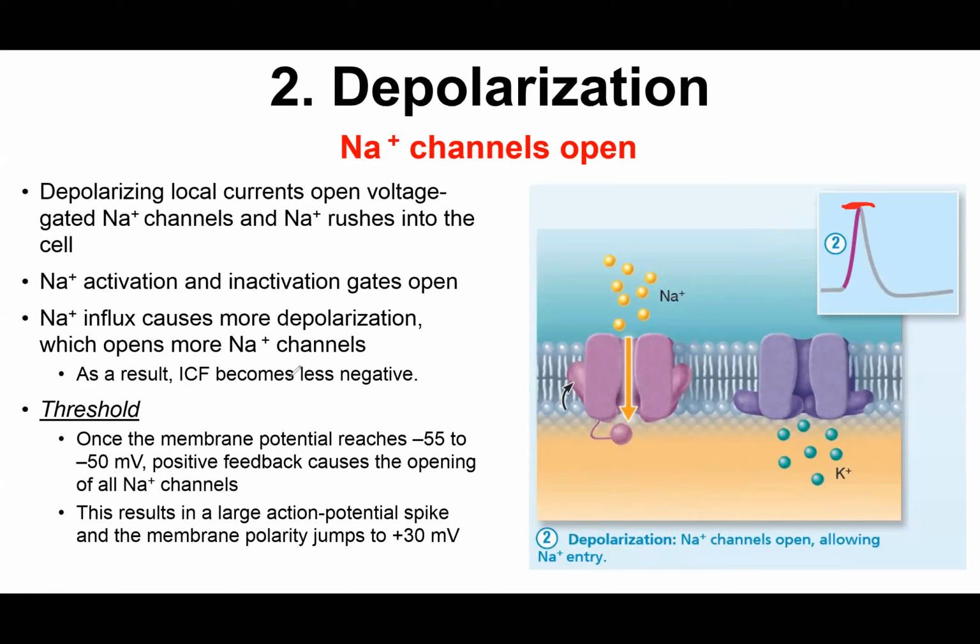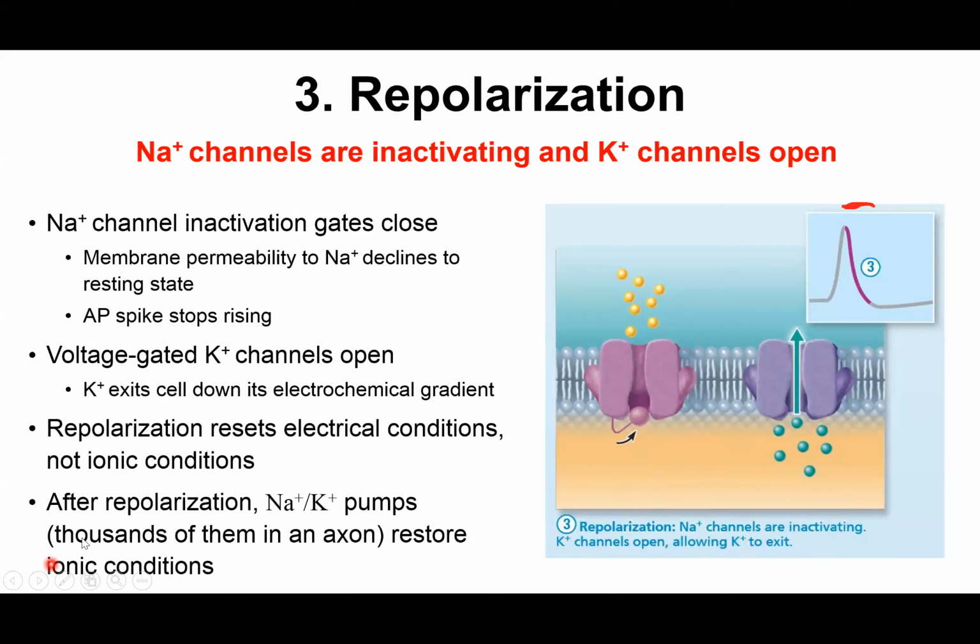What happens next is what's called repolarization, okay? In repolarization, the sodium channels are inactivating, and this is when the potassium channels are going to open. During repolarization, we have that inactivation gate swinging into its spot. And so at this point, the membrane is no longer permeable to sodium.